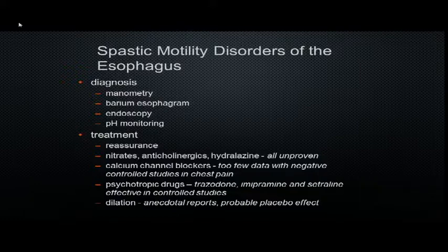So the treatment in these patients: when you see this many treatments, there's usually no good one treatment. So reassurance, nitrates, all unproven, calcium channel blockers. When you see psychotropic drugs in something like this, you're really not sure what you're doing occasionally. And then dilatation has placebo effects but really doesn't help the patient.